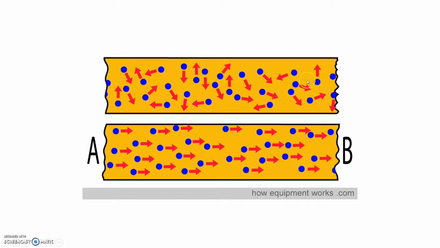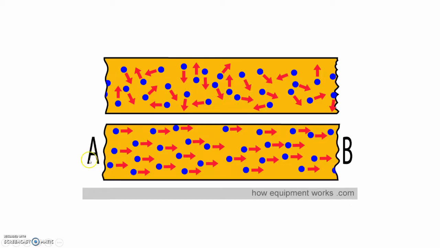If you were looking at a standard piece of material, your free electrons are going to be moving around randomly inside of it. So if you're thinking of this as a battery that wasn't connected to anything, then you're just going to have free electrons moving from one atom to another with no particular direction.